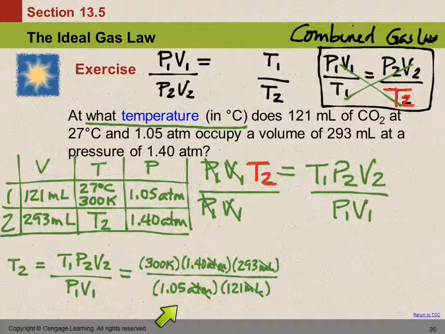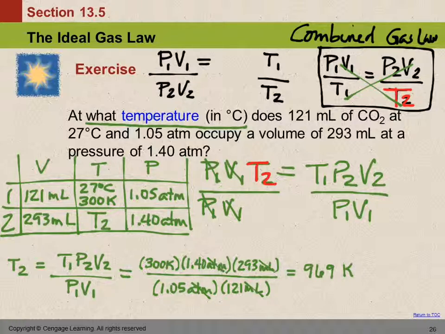Again, we've got two numbers in the denominator, so be careful. I've got 300 times 1.40 times 293 divided by 1.05 divided by 121. And this comes out to 969 Kelvin.